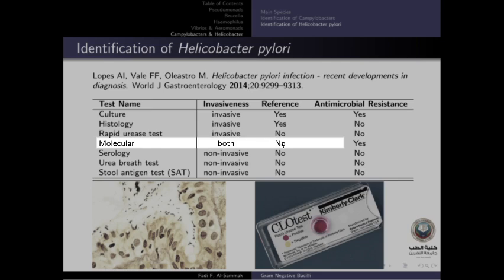It is not considered a reference because detecting the antimicrobial resistance at the genetic level doesn't necessarily mean it is active. But it is possible to identify those genes responsible for antimicrobial resistance. So for antimicrobial resistance, we have the culture and the molecular test to identify the resistance profile.